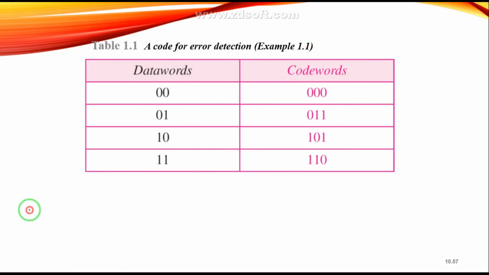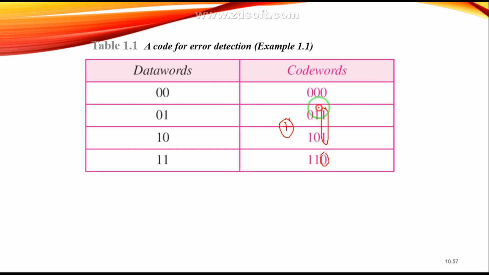Now suppose we are going to XOR these two code words. So 1 and 1, it means two similar bits are there. So what is the resultant? It is 0, since there is no change.